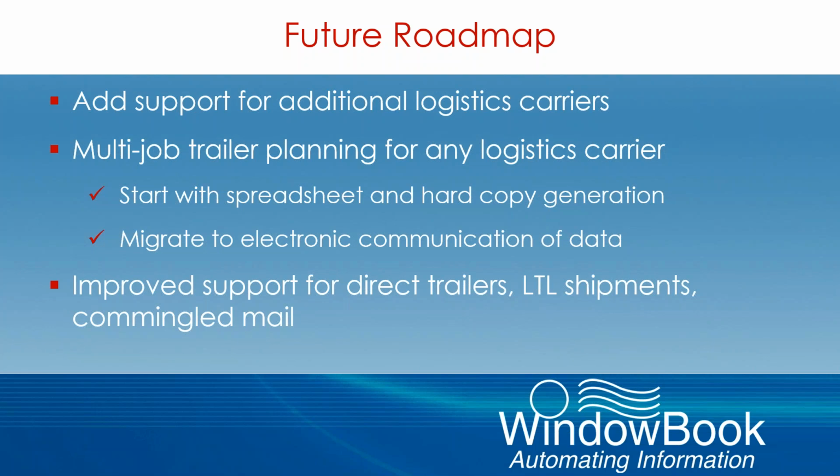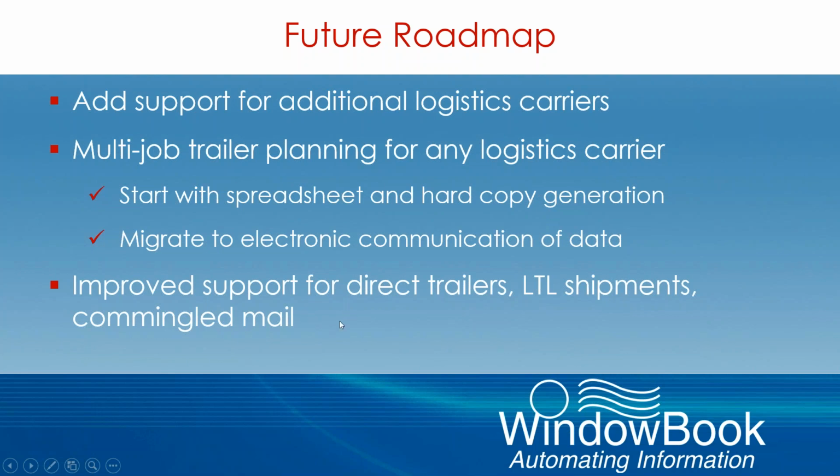Okay, thanks, Lloyd. So I think we already talked about some of the future roadmap. I just want to go through these real quick before we get to the questions. We're adding support for additional logistics carriers, as you've seen, and the multi-job trailer planning. And of course, as we have conversations with additional logistics carriers, that'll move from the hard copy generation of those things to electronic communication of data.